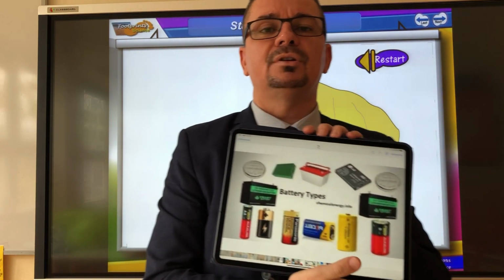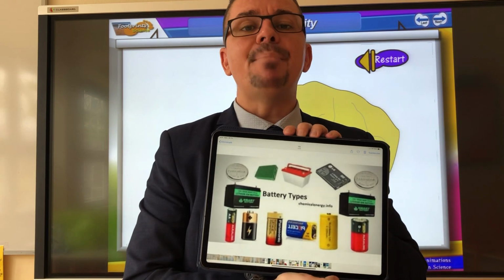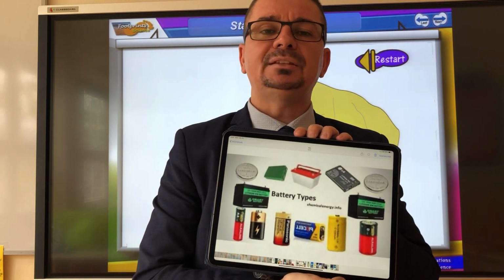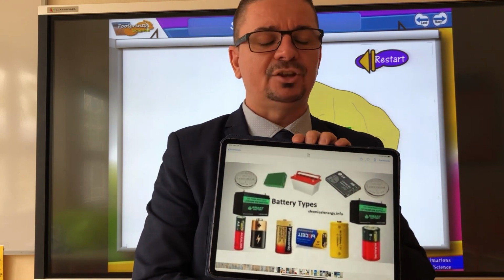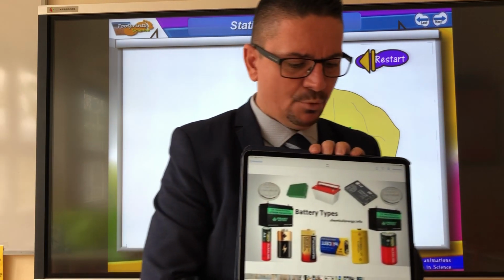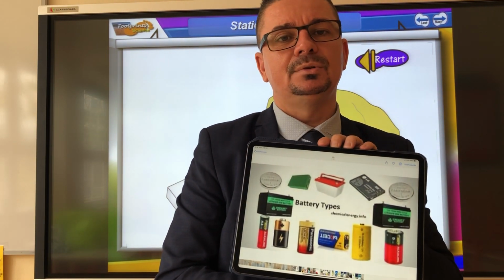How can you have energy for your mobile phone or for a torch when you want to see in the dark? You need batteries for that. But batteries do not use the sun's energy, they use chemical energy. And basically, chemical energy is turned into electricity, into energy which you can use in everyday life.